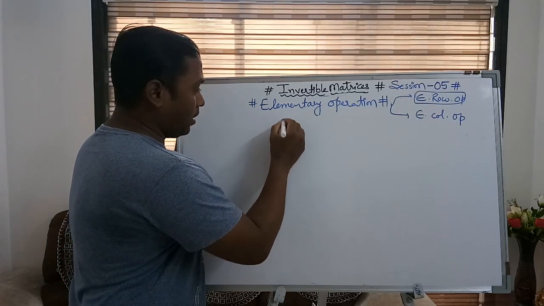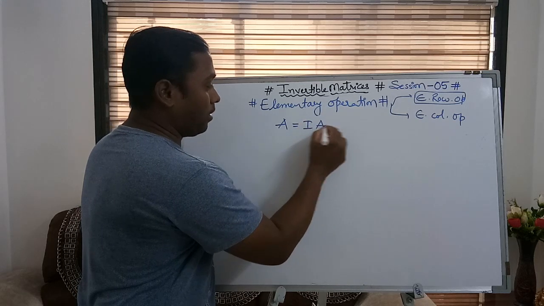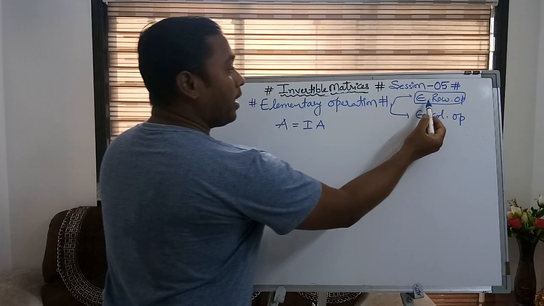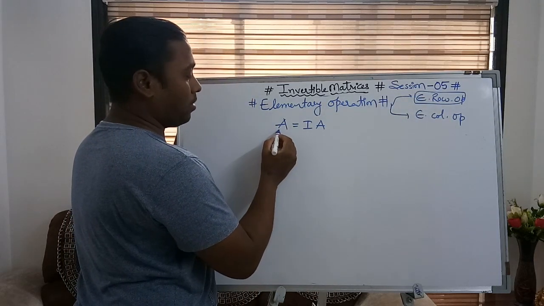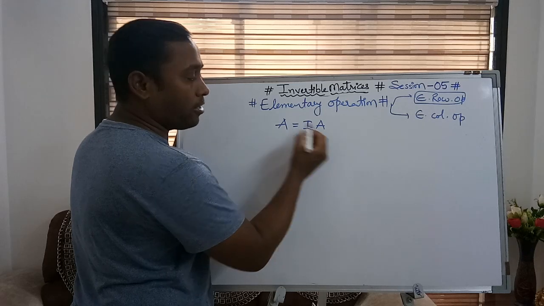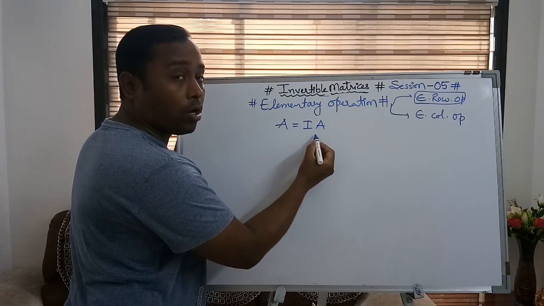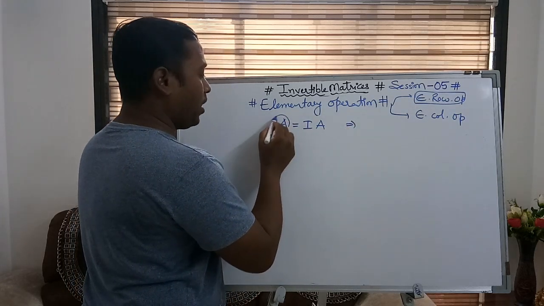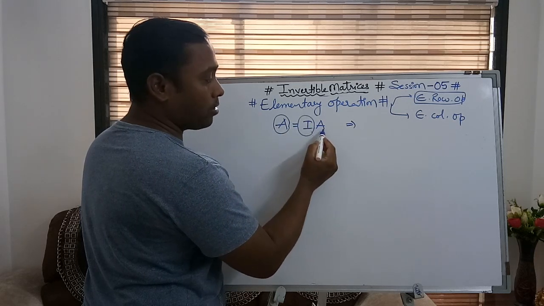Every square matrix can be written as I into A, or A into I also. So for applying the elementary row operation, we start with the first step: the given matrix can be written as I into A. I is what? The identity matrix of the same order, and we will do the modification in A and simultaneously in I without disturbing the equation.